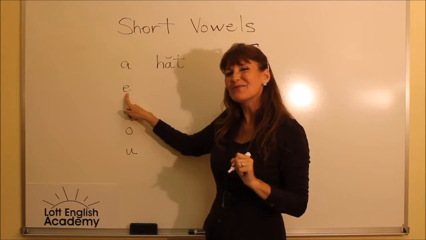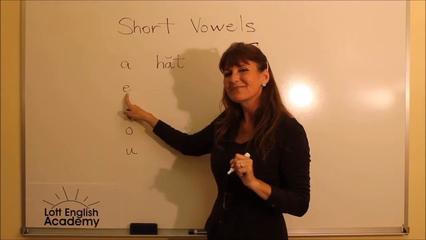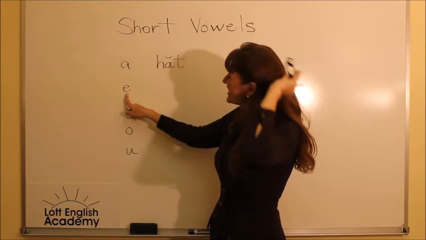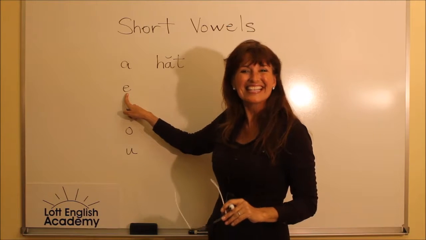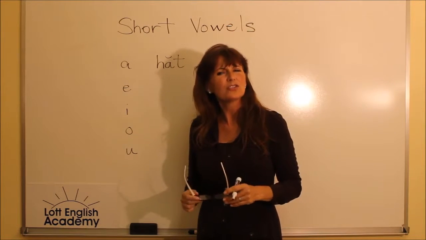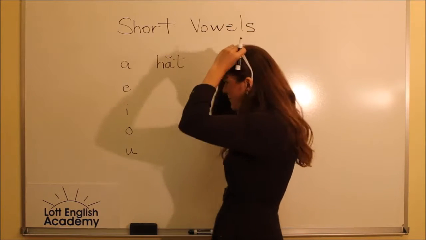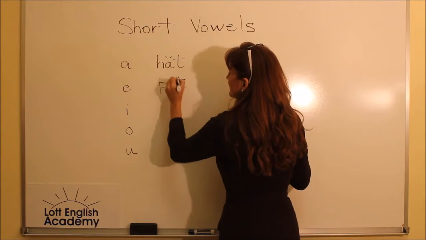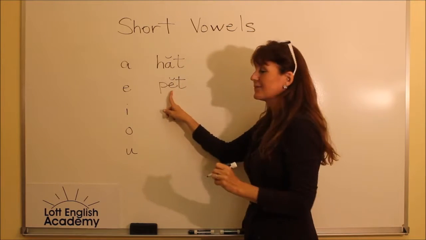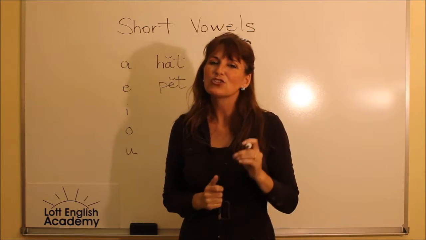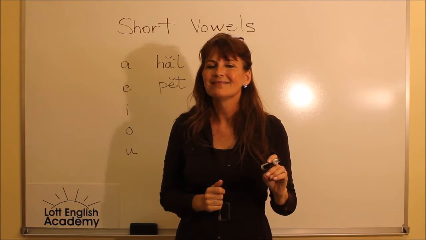Let's look at this next vowel. What's the name of this vowel? Did you say E? If you guessed E, you're correct. This letter is E. We're going to put this now into a word with a short vowel. How about this word? Do you know this word? Can you pronounce it? The short E sound is eh.